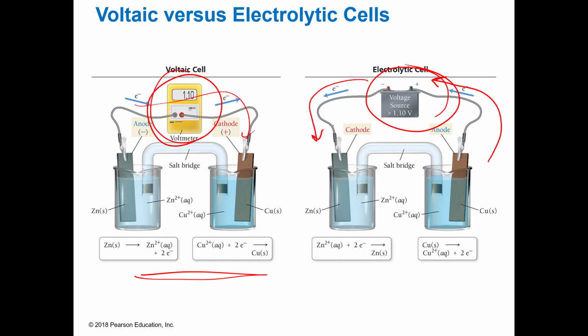So it's written backwards from what we saw in the voltaic cell. The main difference is that we have a voltage source pulling those electrons from your anode to your cathode. Otherwise, this would not work.